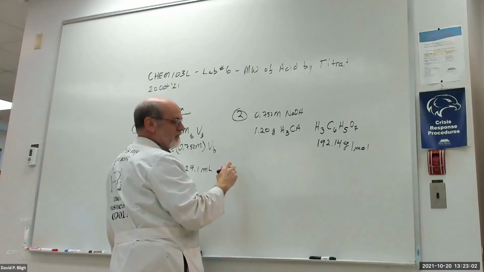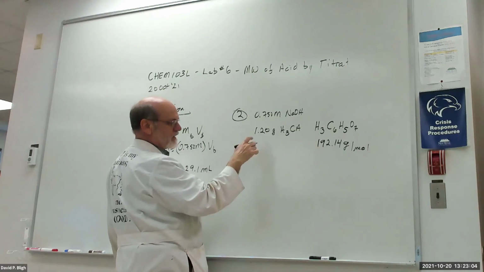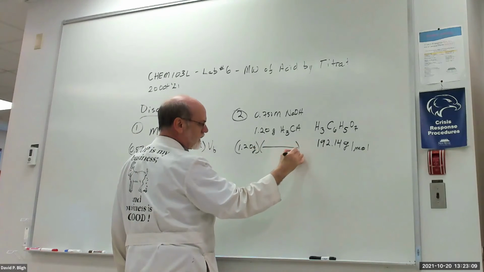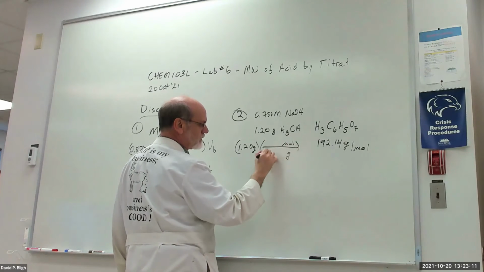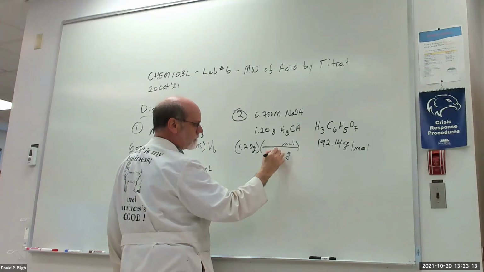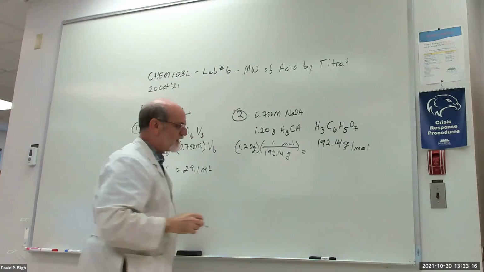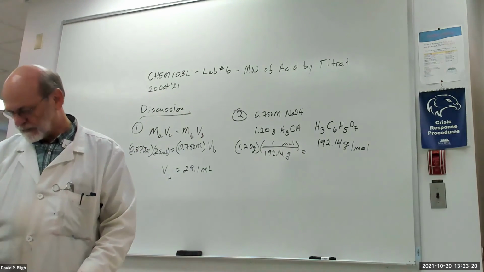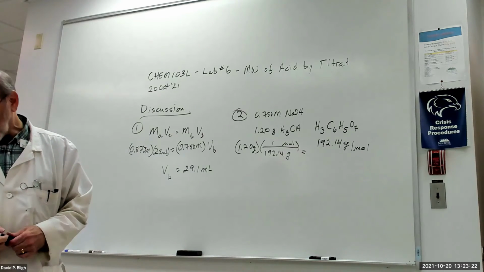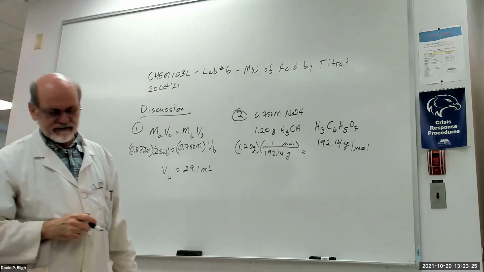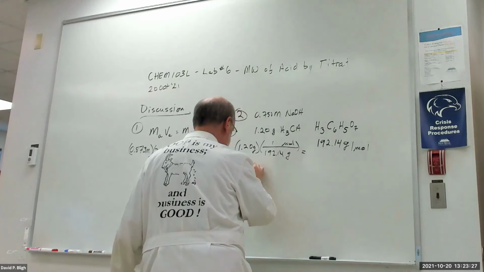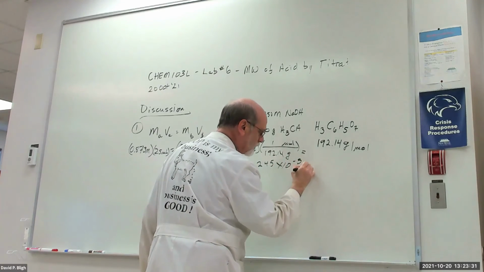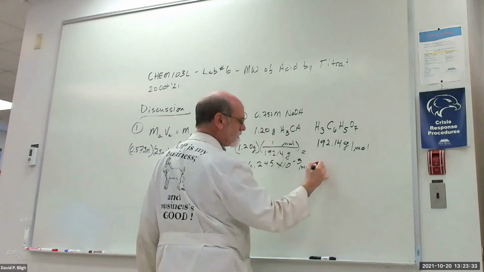So if we convert this to moles, that would be 1.20 grams. And then we need grams on the bottom, moles on the top. So we got to divide that number into 1.20. I get 6.245 times 10 to the minus 3 moles of citric acid.